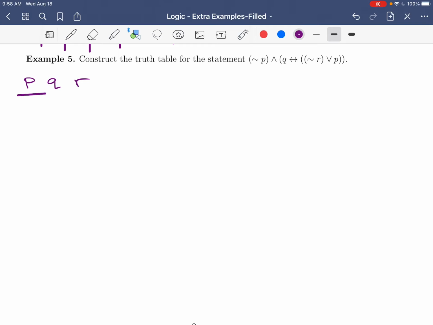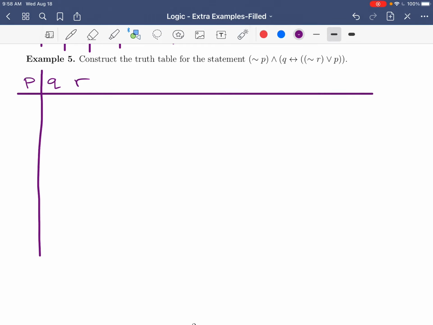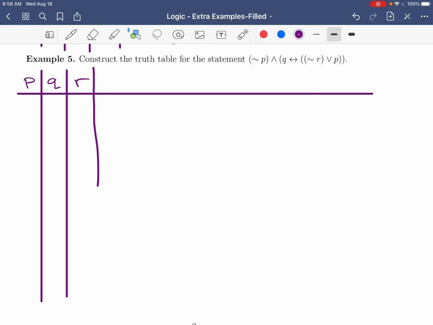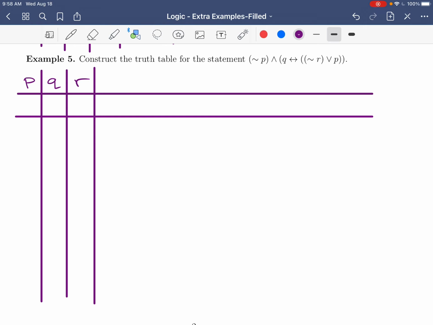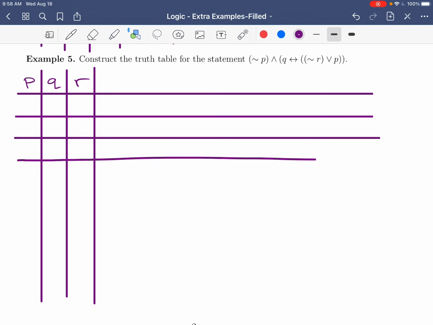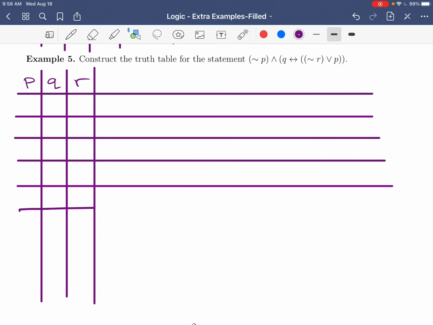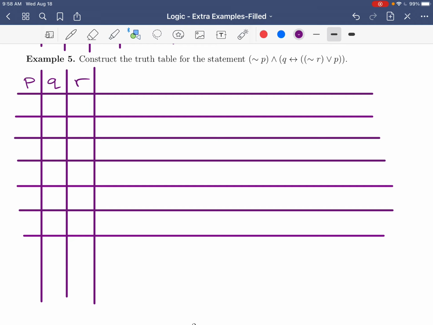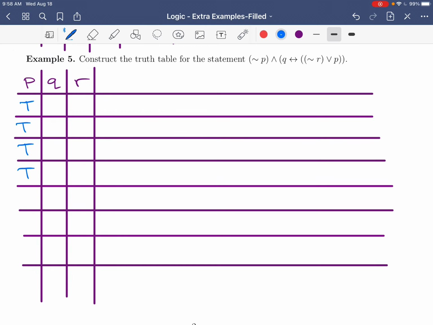So let's just set it up here. Okay. So the first 4 have P true, and then the next 4 have P false, and then true, true, false, false for Q, and then alternate for R, beginning with true or false.